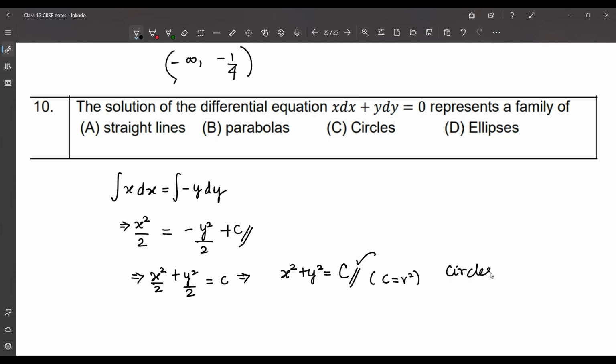And one more thing, note that the coefficient of x square and the coefficient of y square, they are both 1. If the coefficients of x square and y square terms are different, then it would have resulted in an ellipse. But in this case, the coefficients of x square and y square are both equal. So it results in circles. Option C is the correct answer.